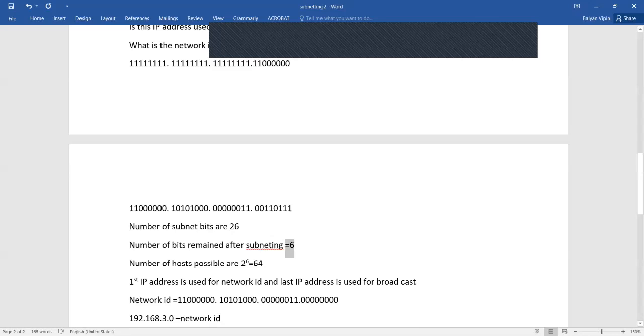So the total number of hosts possible is 2 raised to the power 6. In any question you can find out how many bits are used for subnetting, and the remaining bits can be used for hosts, and it will be 2 raised to the power of that. That's the number of hosts which are possible.